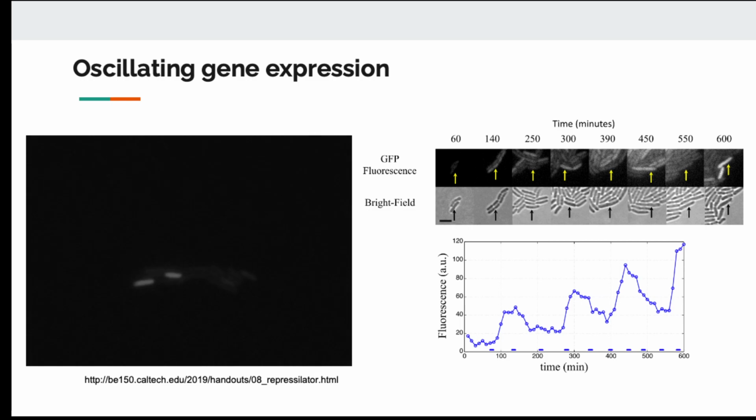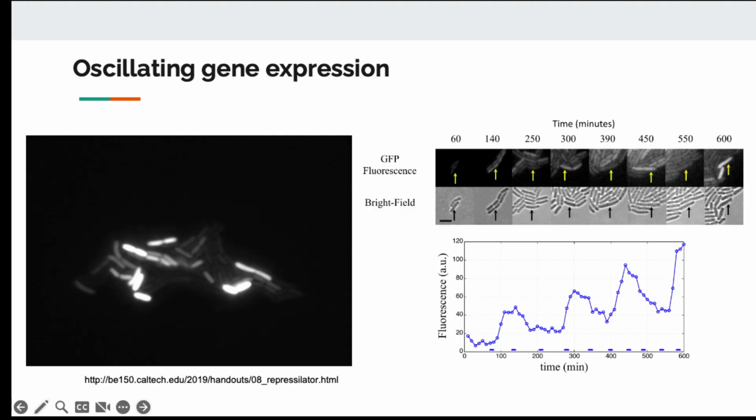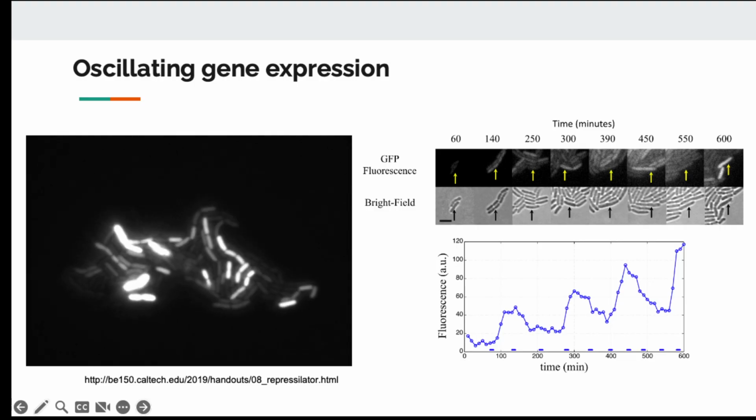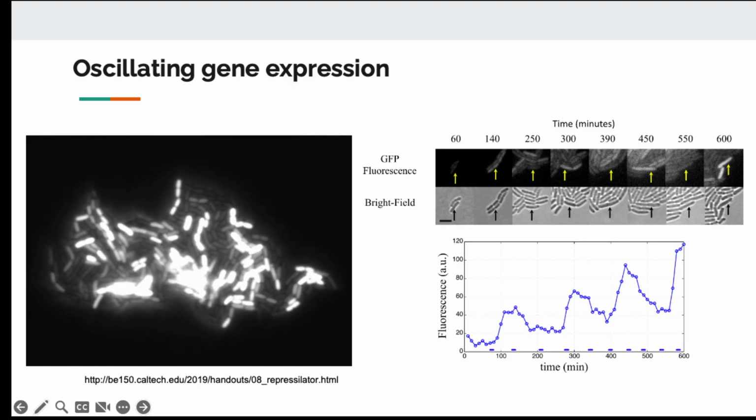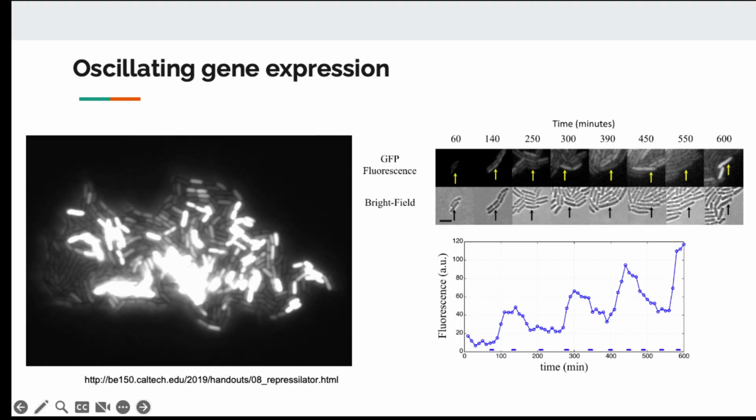This kind of design allows you to control the timing, the rhythm of the cells. If you don't want one protein to be activated all the time, and you want it to be on and off, this type of three genes replacing each other can achieve that.